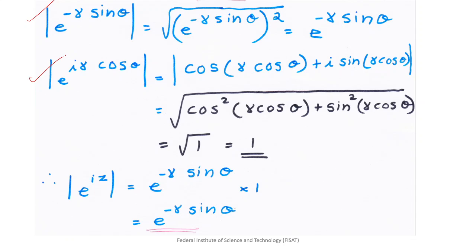Mod of e raised to I r cos theta, firstly you expand it using the Euler form, cos(r cos theta) plus I sin(r cos theta), that is equal to root of cos square plus sin square. You already know the result, cos square x plus sin square x equal to 1. So the answer is 1. And mod of e raised to I z is therefore e raised to minus r sin theta.